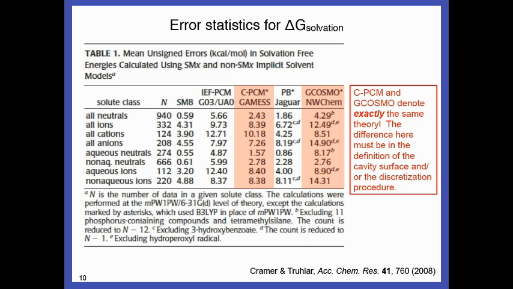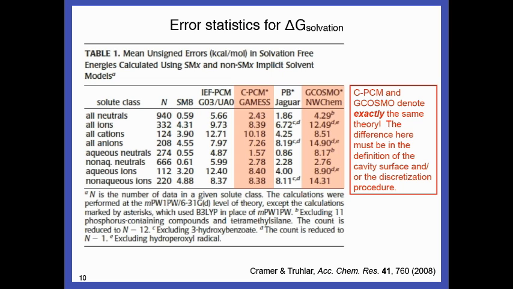Okay, now returning to this data table from Cramer and Truhlar, but now unveiling some additional columns of data. Cramer and Truhlar have run a few different continuum solvation models, which includes the IEF-PCM model as implemented in Gaussian 03 with a particular cavity construction, the UA0 in the third column of numbers.